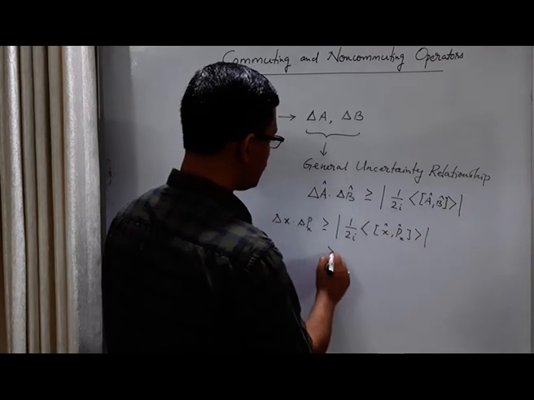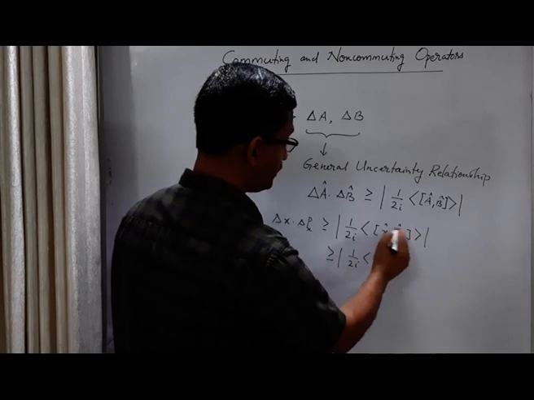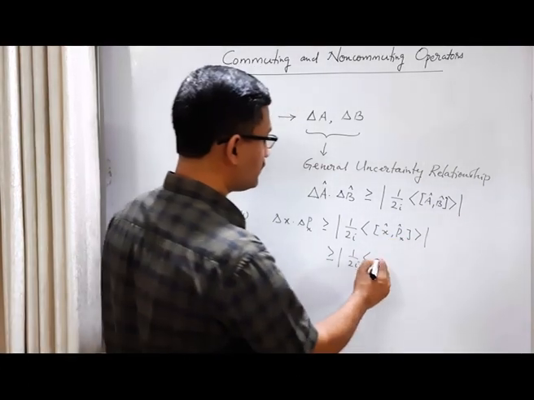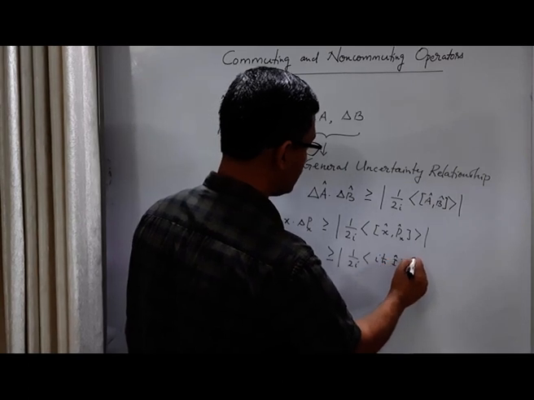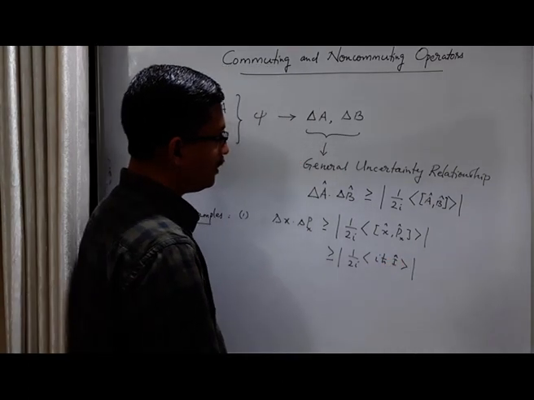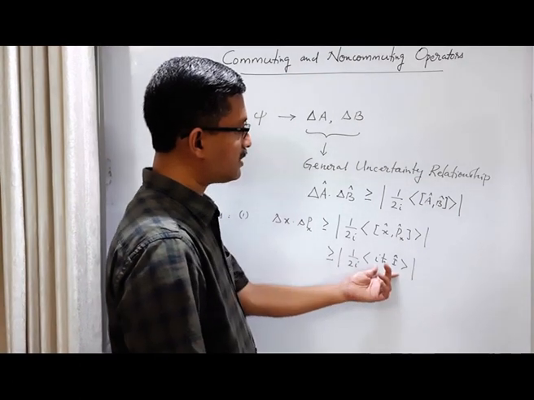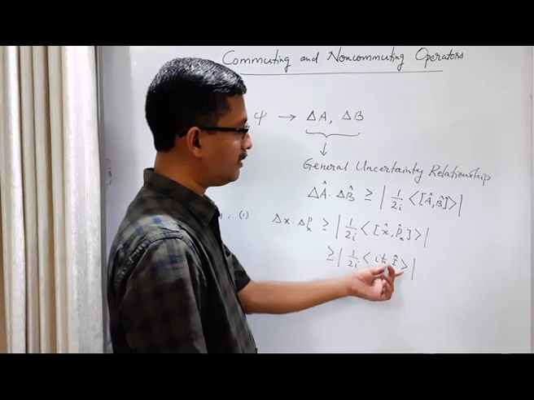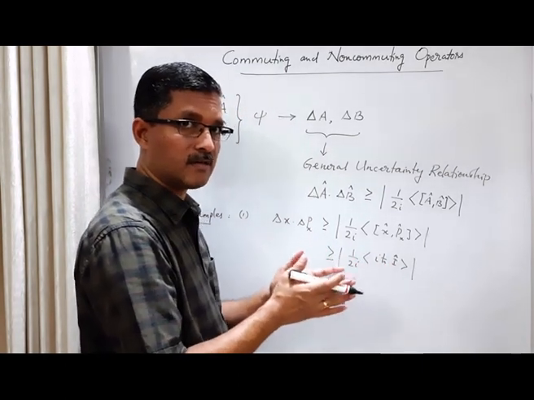What is this expectation value of x comma px? I mean, this commutator x comma px, we have just evaluated that: i h cross identity, right? Now i h cross is a number, and so we need the expectation value of the identity operator. Remember that we are calculating this expectation value in some general state psi.